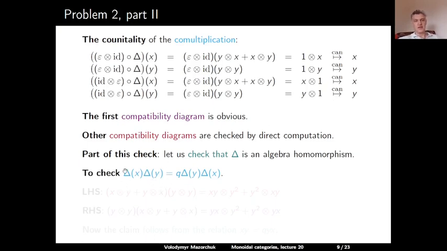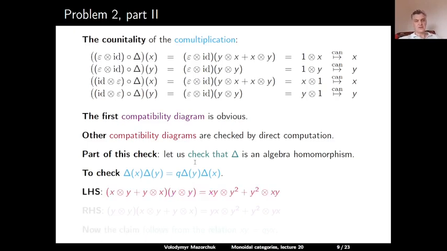So we need to check that delta applied to x and delta applied to y, when we multiply them, is equal to q times delta y delta x. So our algebra, our quantum plane, is defined by one relation. So in order to check that delta is a homomorphism, we need to check that the images of our generators under delta satisfy the same relation.